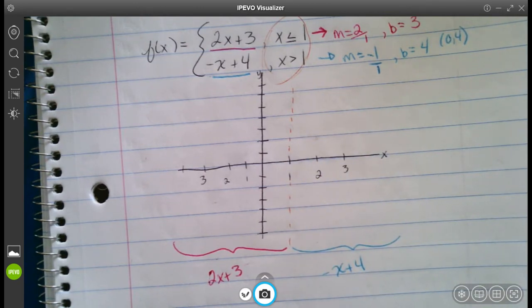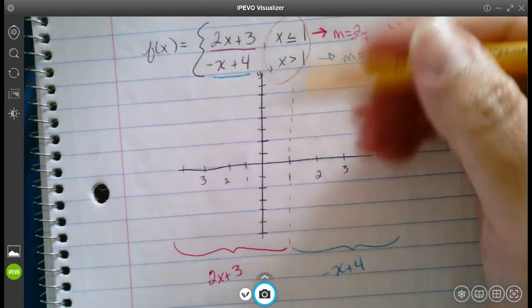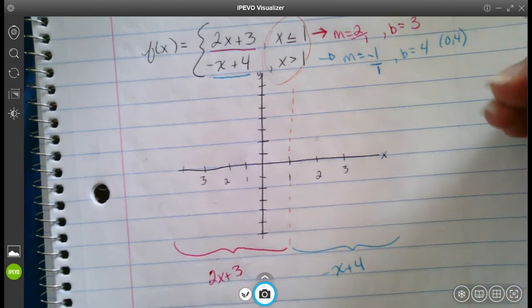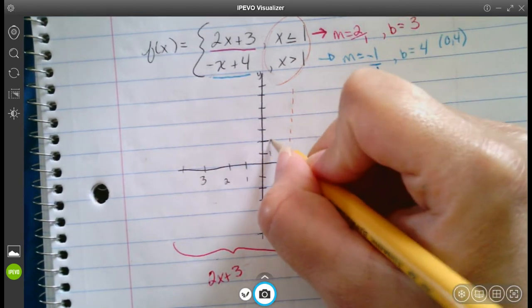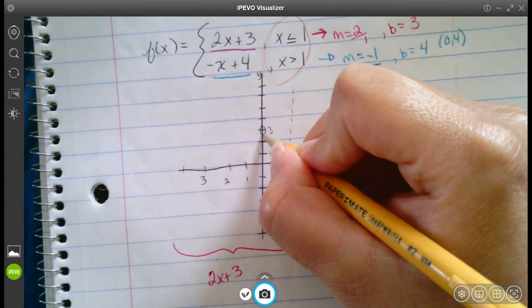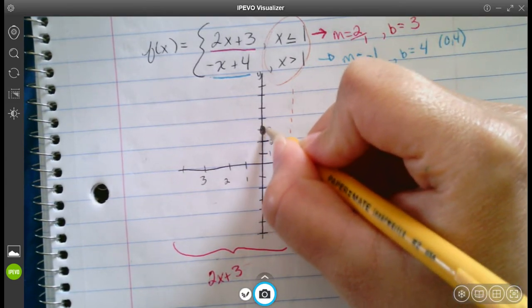Okay, then we're going to go ahead and draw the lines, probably using a pencil for sure, because, well, you'll see what I mean in a bit. Okay, then we'll go over it in color. So for this guy, I'm going to start with my y-intercept. So that's at (0, 3). So 1, 2, 3. So that's right here. Okay, there's a point there.